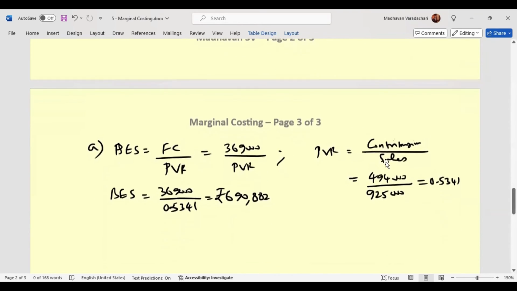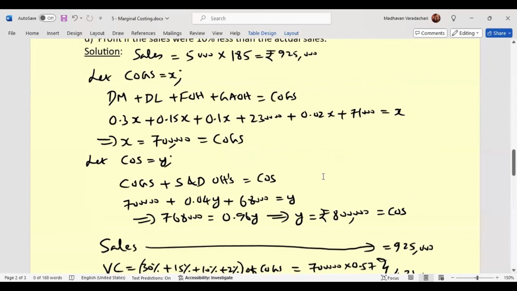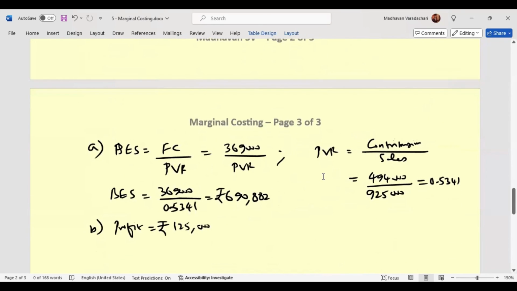Then next one, we need to calculate profit, which we already calculated. We have here rupees 1,25,000. Third, we have to calculate margin of safety in terms of percentage. First, we'll calculate margin of safety, which is sales minus break-even sales. That is 925,000 minus break-even sales of 690,882.